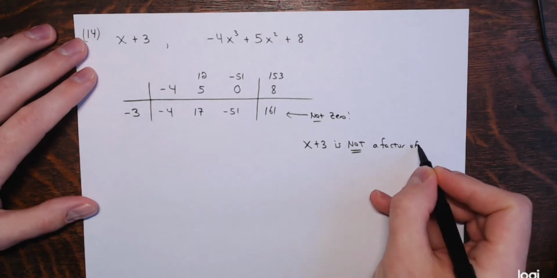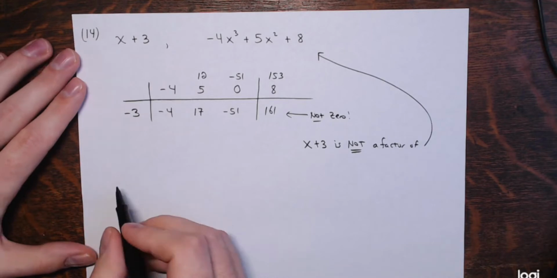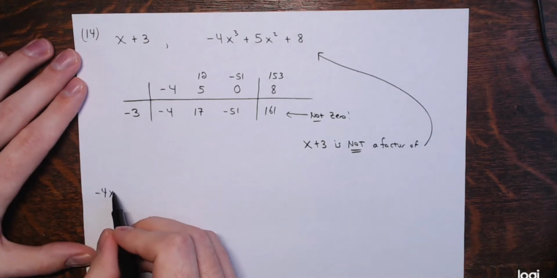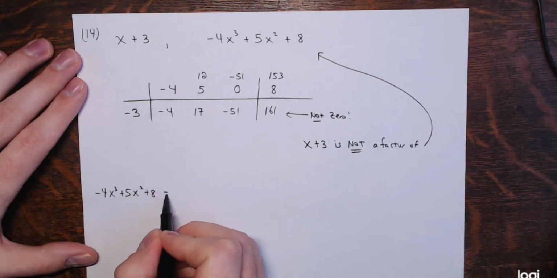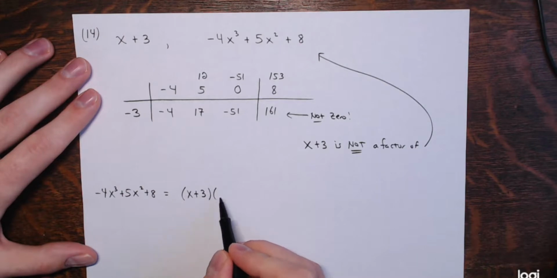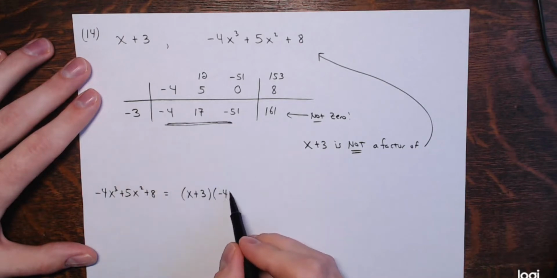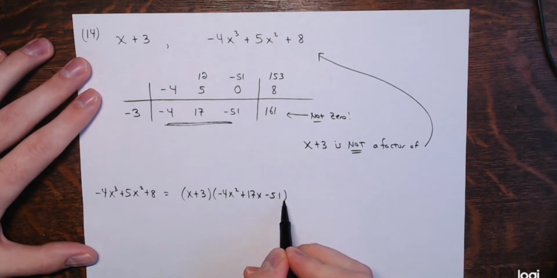of that polynomial there. And again, a very clear way to see that is to write it out. So negative 4x cubed plus 5x squared plus 8, right, is equal to x plus 3 times the quotient, negative 4x squared plus 17x minus 51, but then plus 161, right?